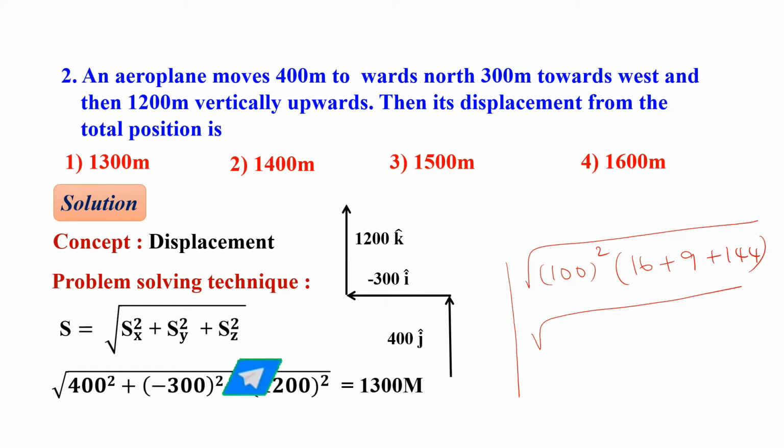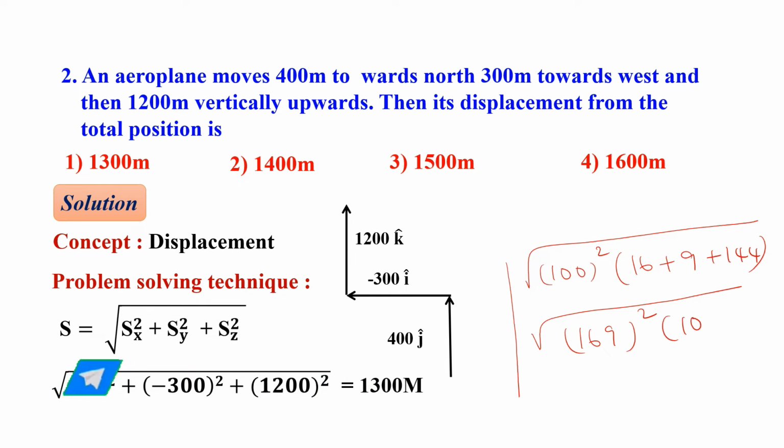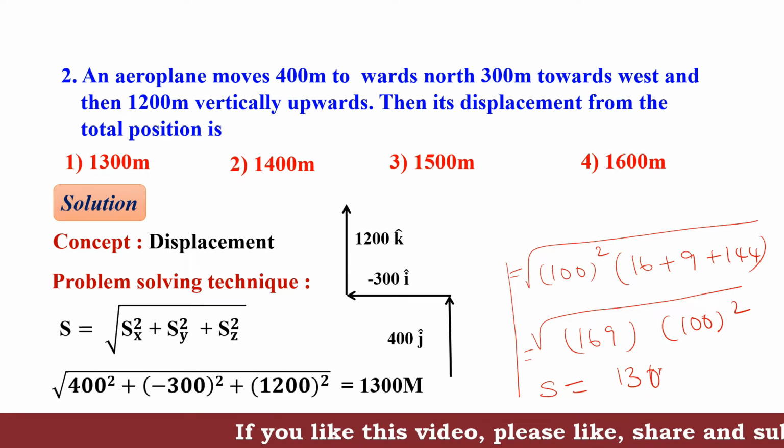So this can be written as 16 plus 9 is 25, 144 plus 25 is 169, into 100 whole square. Root 169 is nothing but 13. So displacement S is equal to 1300 square root cancelled, so 1300 meters.